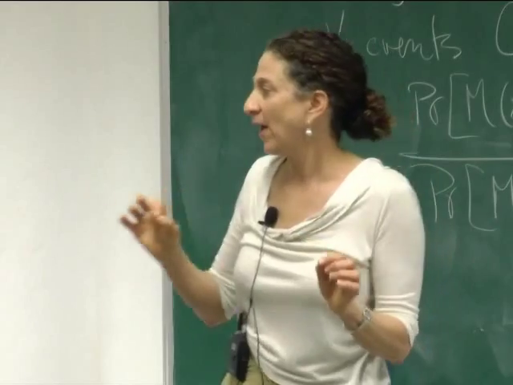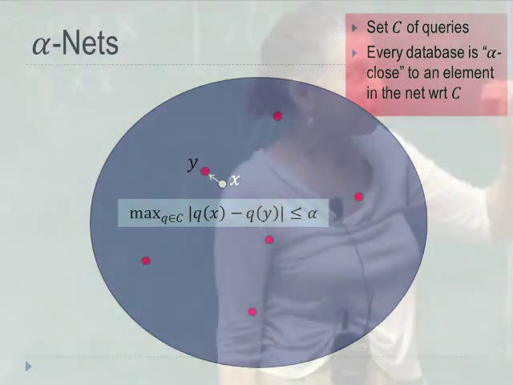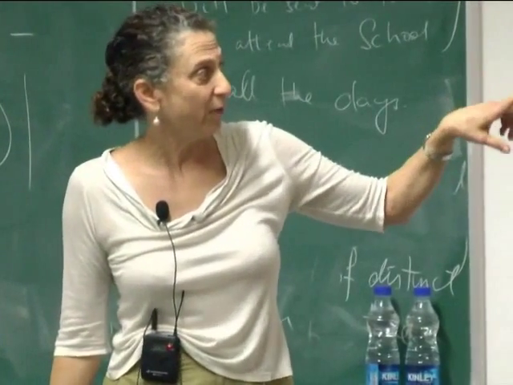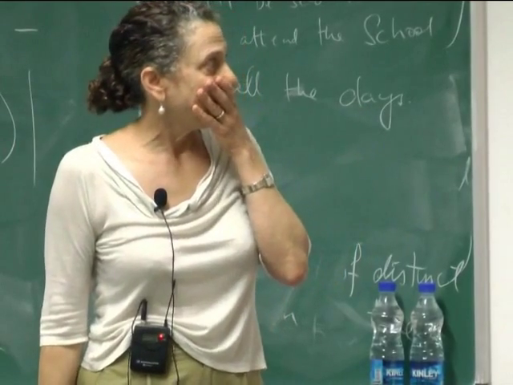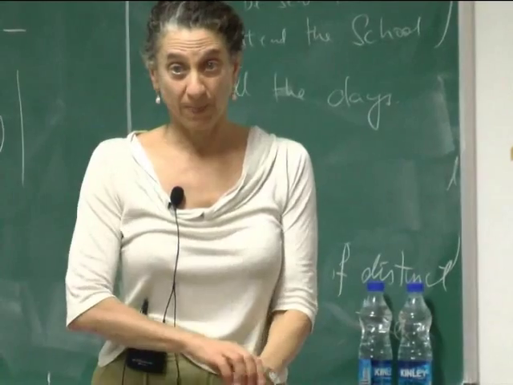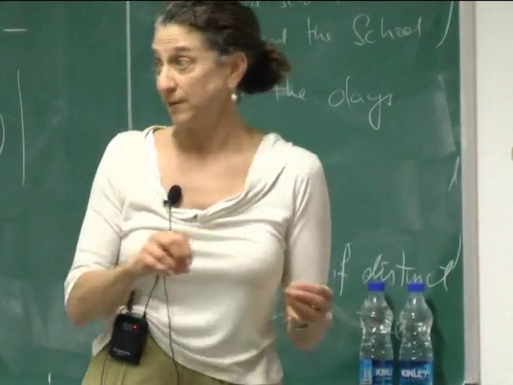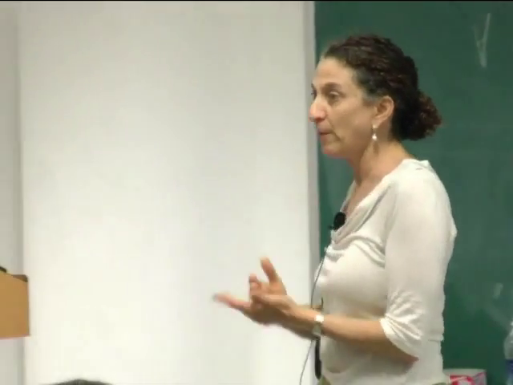How close? Alpha close. So for every database X, there is some y in the AlphaNet so that the fractional difference is bounded by alpha. That's what an AlphaNet is. Alpha says how close it promises to be. It's not going to be any worse than that.